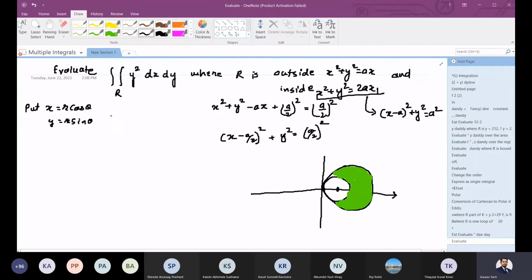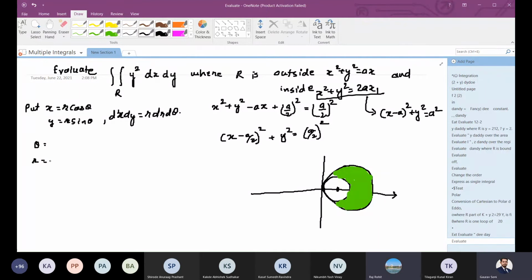Once we put this, dx dy has to be replaced by r dr d theta. So from the diagram, anyone who would like to comment upon the limits? Sir, r is a to 2a. No.